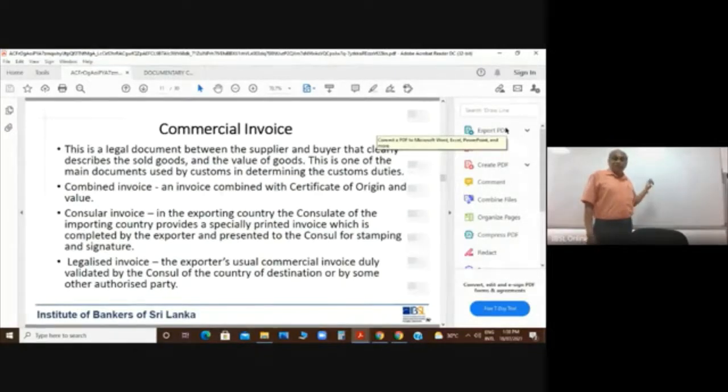Because the trade attaché of the consulate knows that the Sri Lankan government has put a ban on importing vehicles to Sri Lanka. That is his job, right?